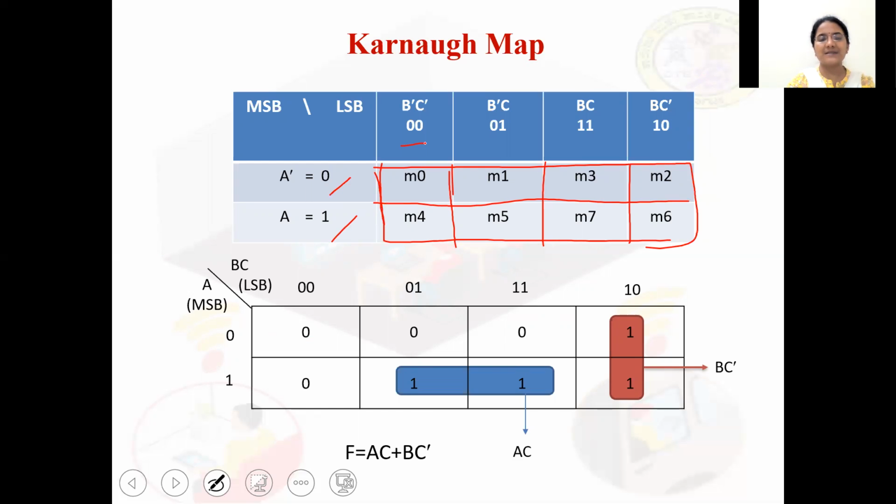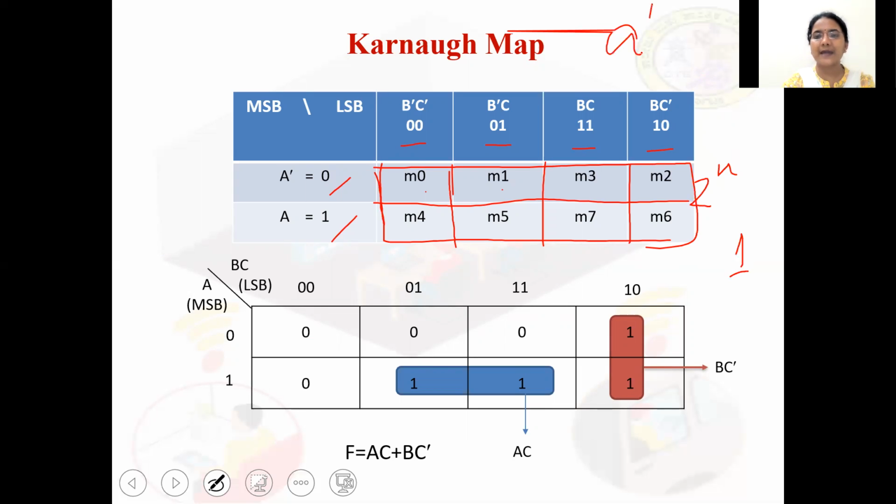These are B bar C bar, that is 0 0, B bar C 0 1, BC 1 1, BC bar 1 0. The same truth table is represented in the form of a K-map, a graphical method, where we divide the rectangle into 2 power n squares and write the minterms in such a way that two adjacent cells differ in only one variable, because we have to eliminate.